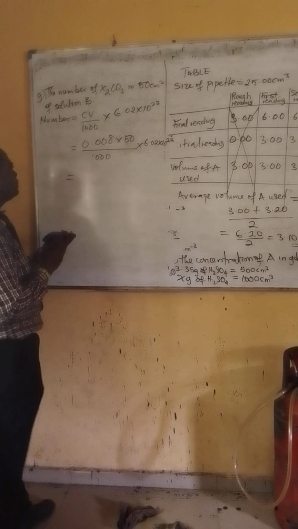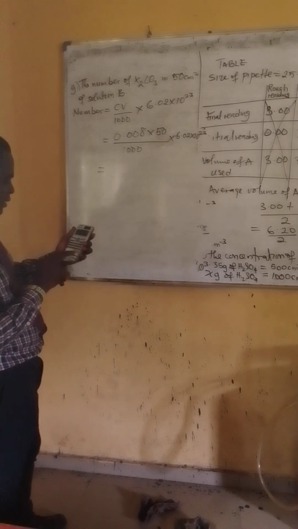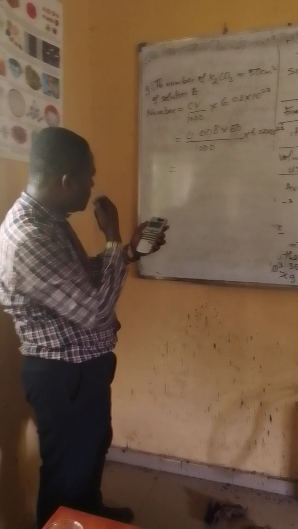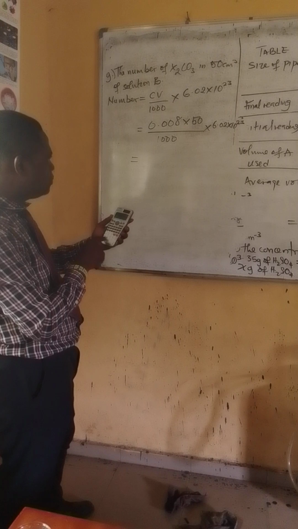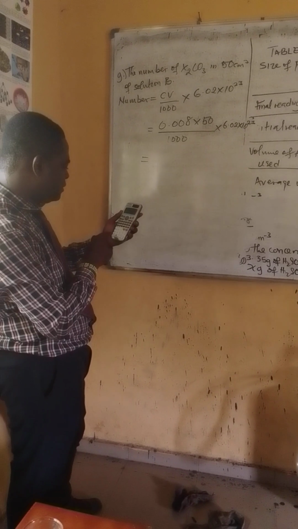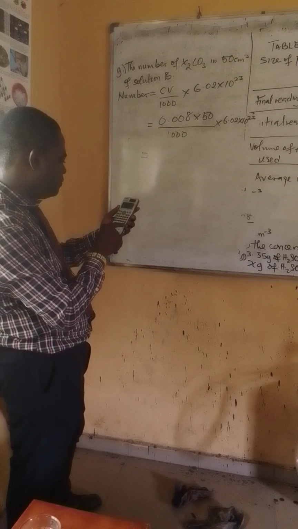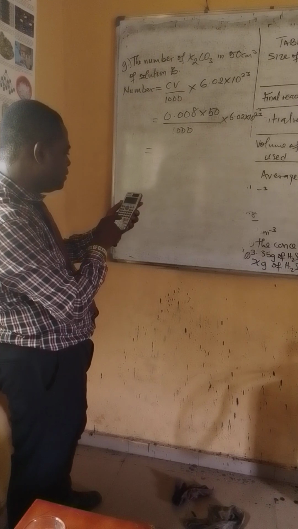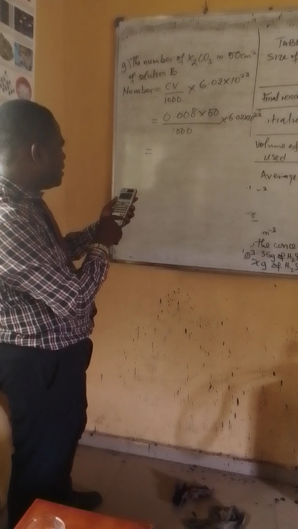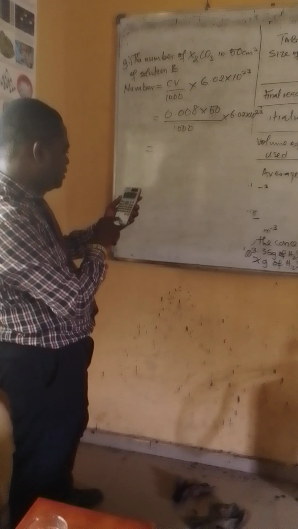So there we go. We have 0.008 times 50, now times 6.02, times 10 raised to power 23, now divided by 1000.